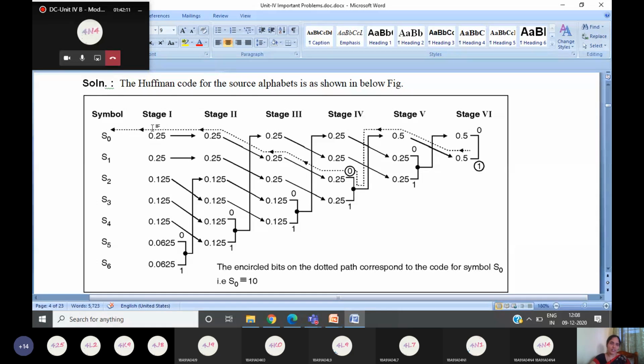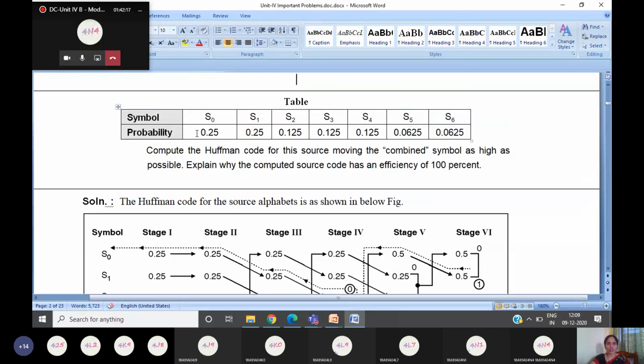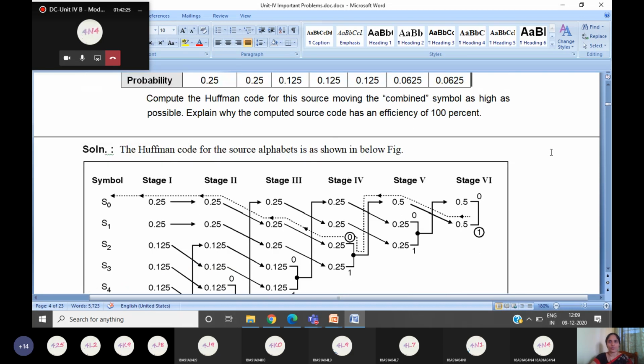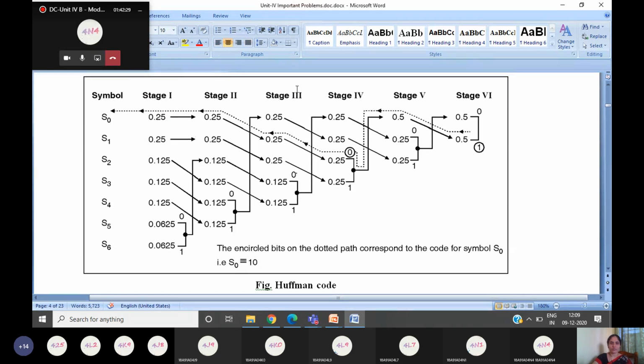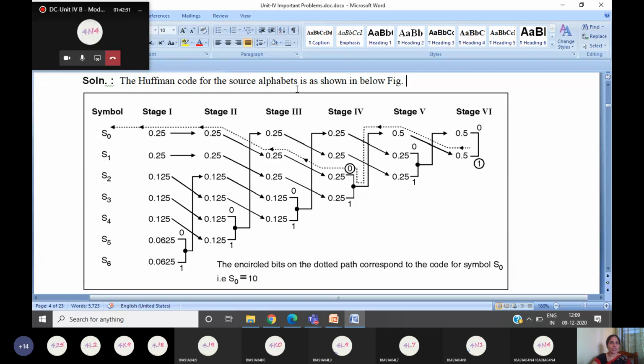Here all are in decreasing order, because in the question itself they have given the symbols in the order of decreasing probabilities. So directly you can write it, no issue. Please check this.